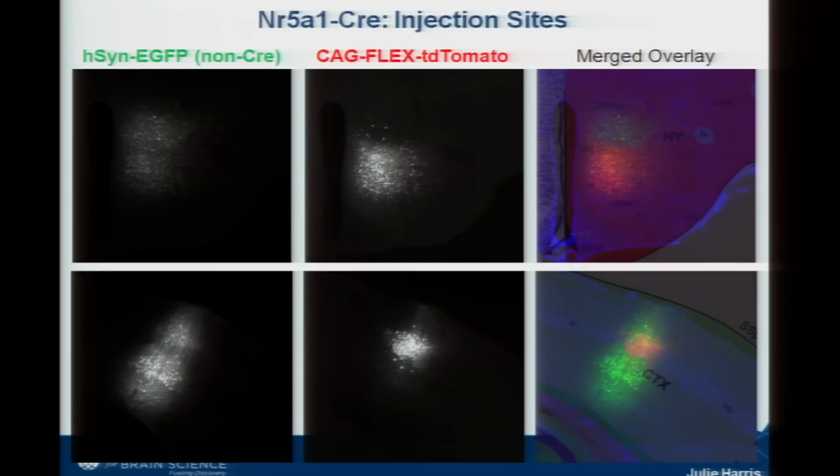In the cortex, the non-Cre-dependent virus would label throughout the entire cortical column, different layers within that cortical area, whereas the Cre-dependent virus would be confined to the layer 4 neurons.